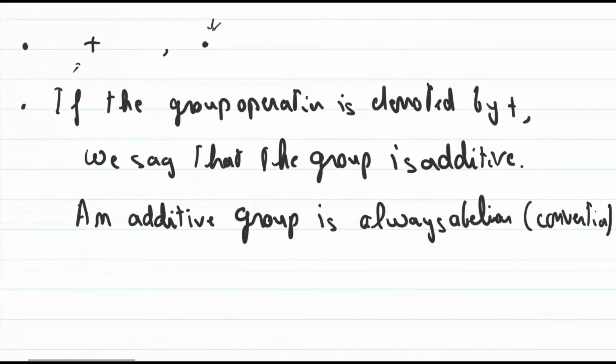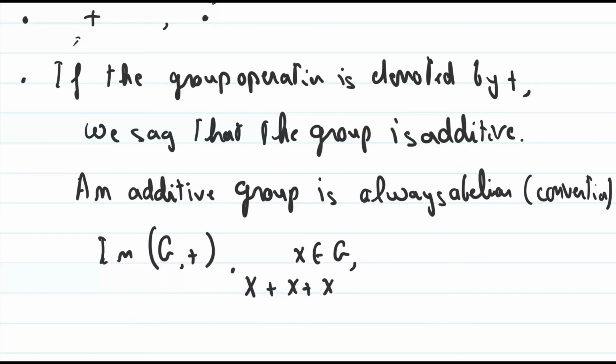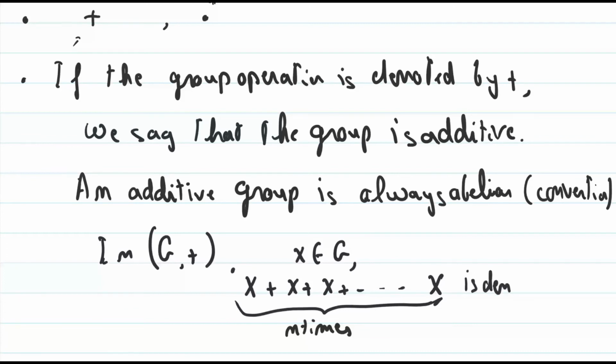Now, in the case of an additive abelian group, if I take an x in G, the group element x plus x, etc., n times, and here, as I said, I don't have to put parentheses because of associativity, is denoted by n times x, where n is a natural number.